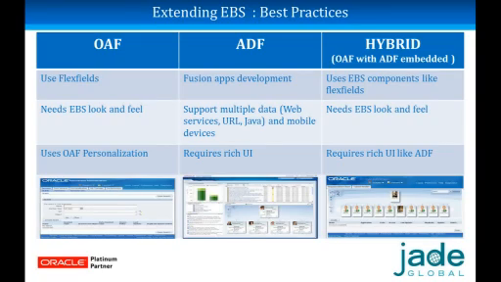But if you want the best of both worlds, it's advisable to go with the hybrid approach, where you embed some of the more graphical portions of ADF into OAF. It will have the same e-business look, but at the same time a very rich user interface, which is more appealing to the end users.